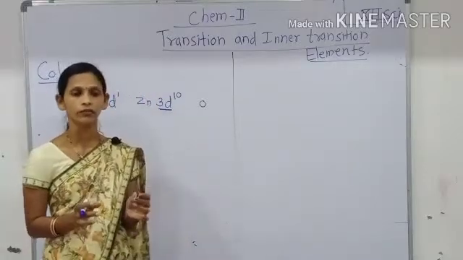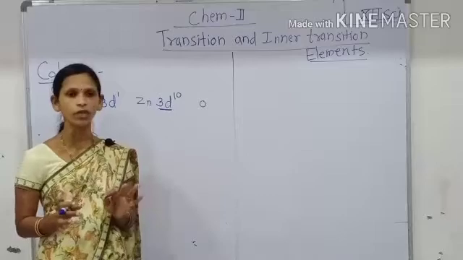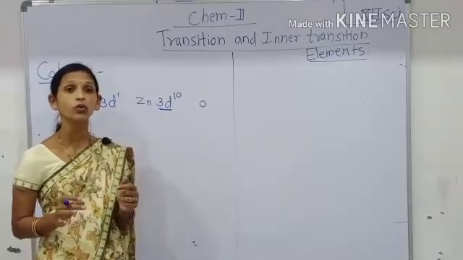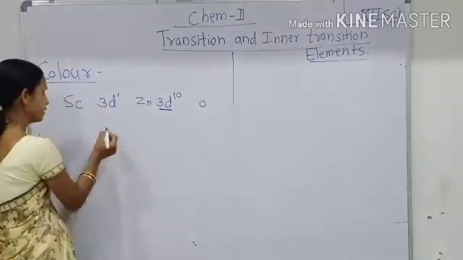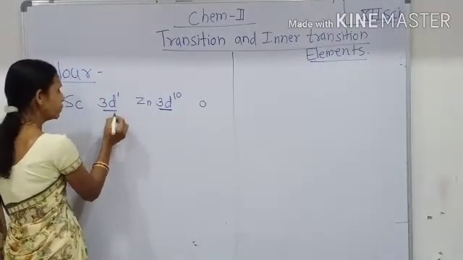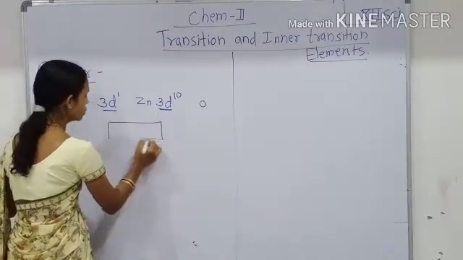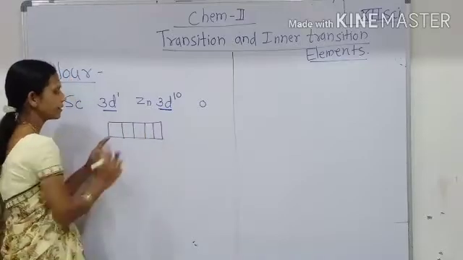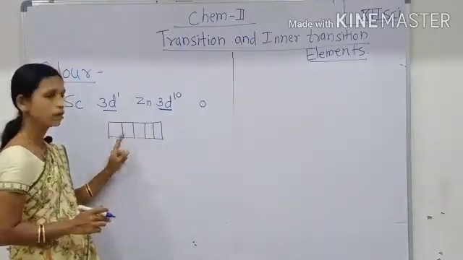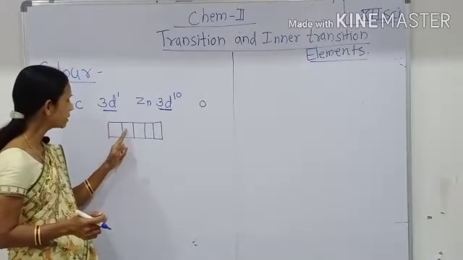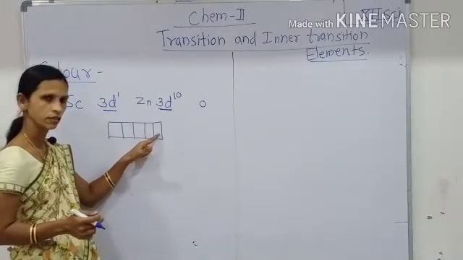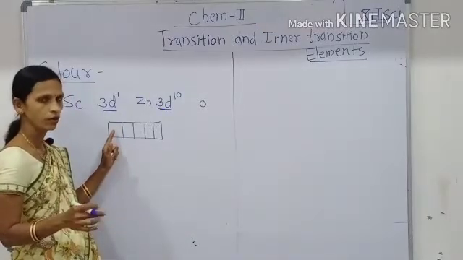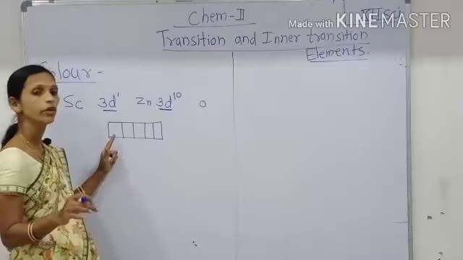If the element is in atomic or isolated form, then all of you are aware that the d orbital, that is the 3d orbital, has 5 suborbitals. The electrons present in those orbitals may be unpaired or paired, or the 3d orbital may be vacant.